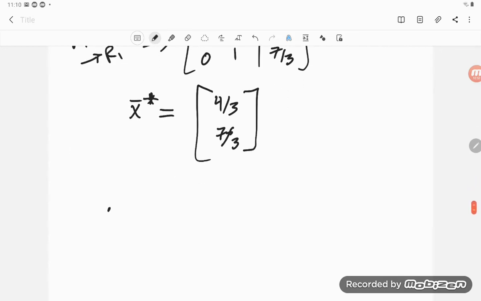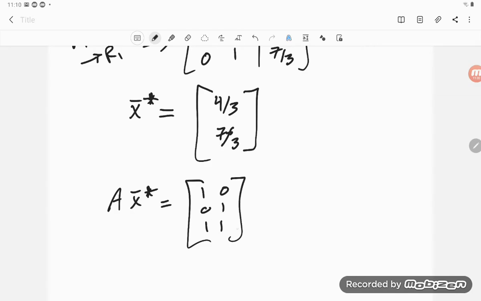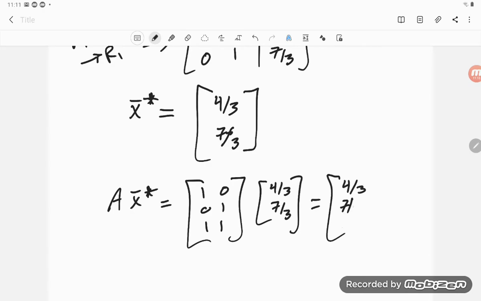Because if I take A times x star, that is my matrix 1, 0, 0, 1, 1, 1 times 4/3 and 7/3. And I get the vector 4/3, 7/3, and 11/3.